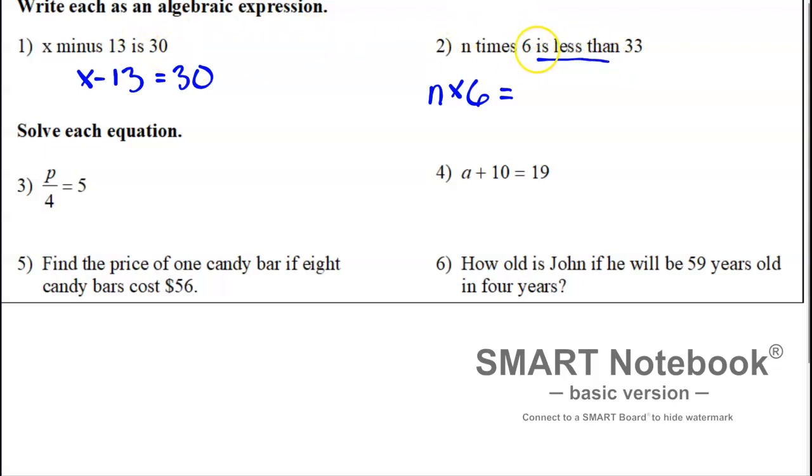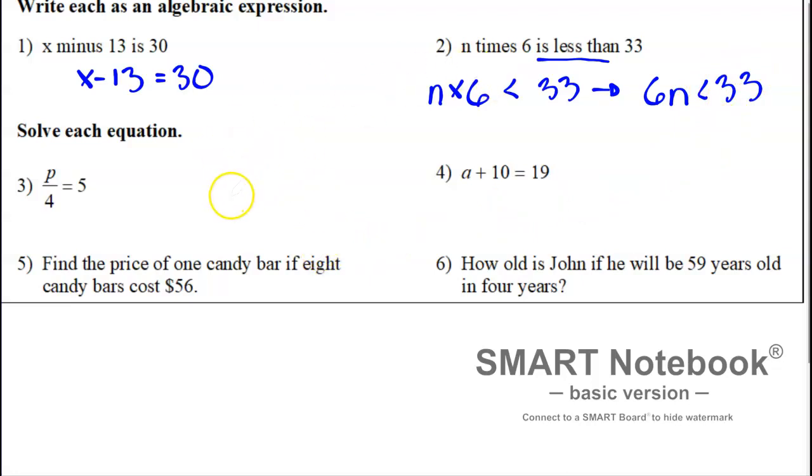Is was alone, this is together with is less than. The Pac-Man is going to eat the bigger, so this is less than. N times 6 is less than 33. And you guys know that this can also be written like this: 6n is less than 33. Okay?